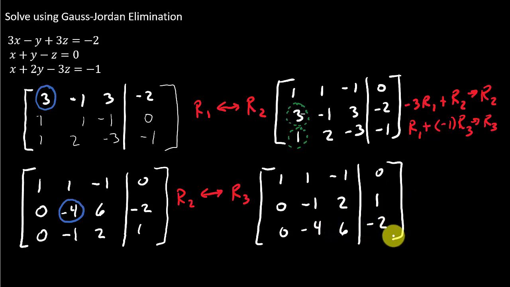And then what I'll do is multiply row 2 by -1. So I'm going to have -1 times row 2, and I'm going to replace row 2. All right, so let's go to the next page.